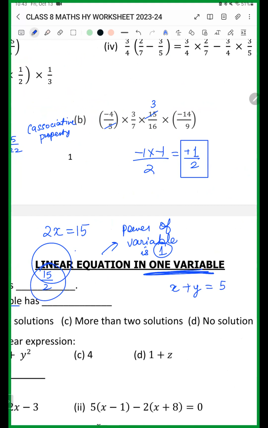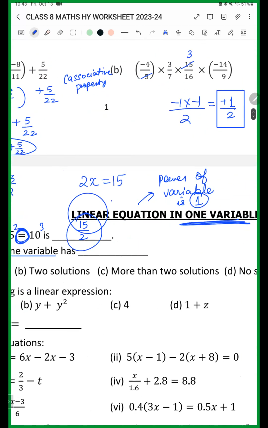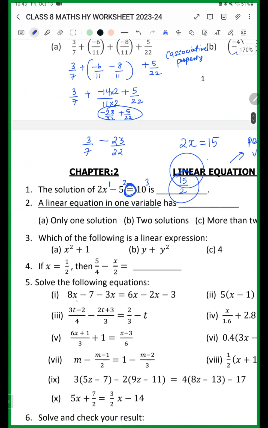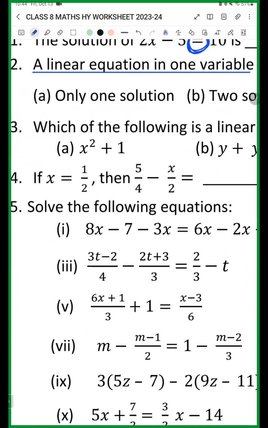But this is not in one variable because there are two variables x and y. A one variable linear equation means it is going to be just x or just whatever the variable is. For example, over here it is t, so it will be t throughout, and the power of t will be 1, meaning it will not be t square, t cube, nothing. Just t, plain t. So this is a linear equation in one variable.